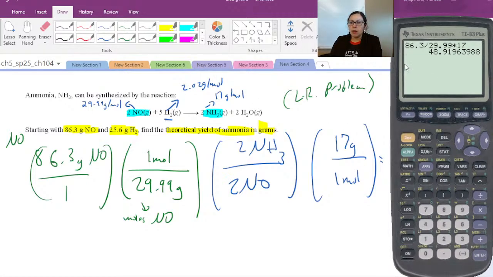So I get 48.9 grams of ammonia. So what other people got, or at least close to this, about 49 roughly.